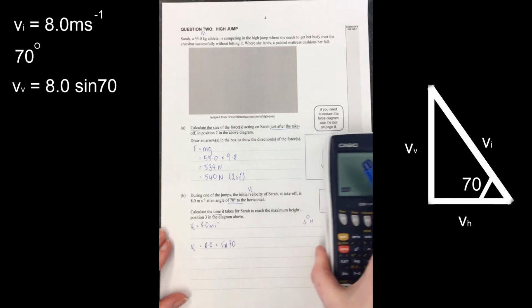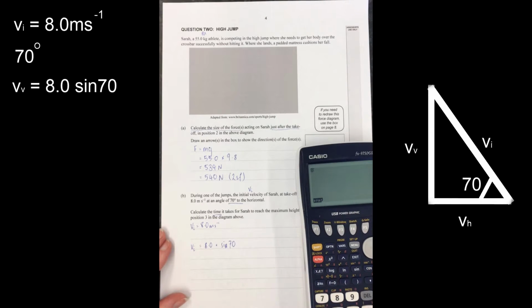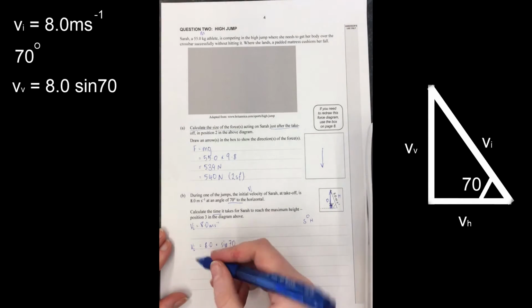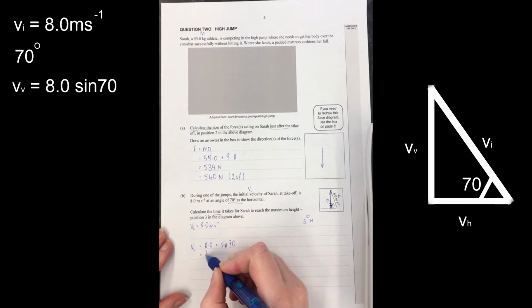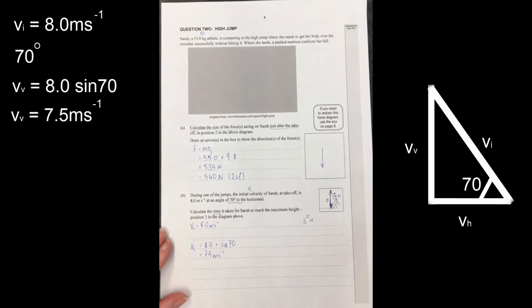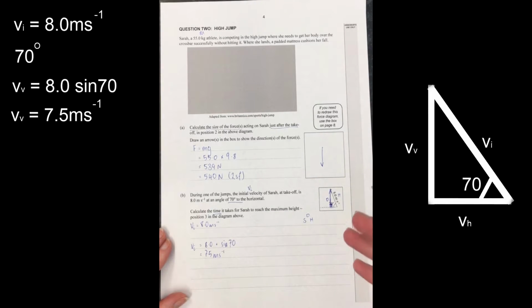Okay, so 8 times sine 70, and that gets us to a vertical velocity of 7.5 meters per second. Okay, so we've got a velocity that's now in the vertical dimension.